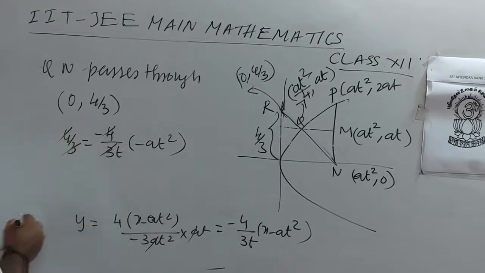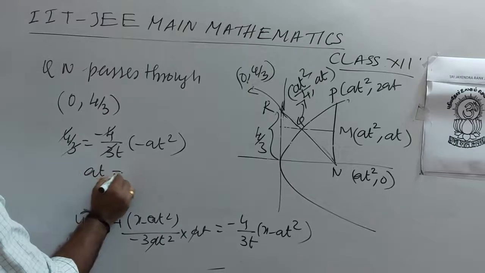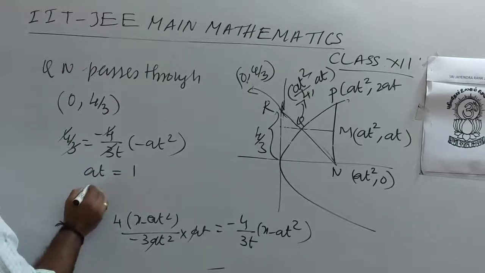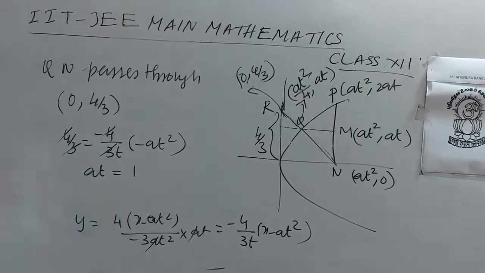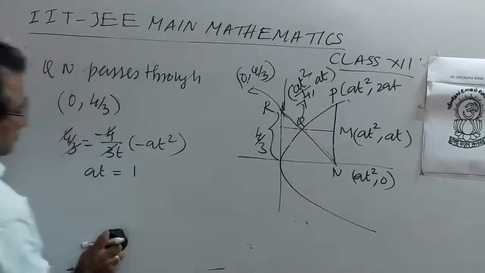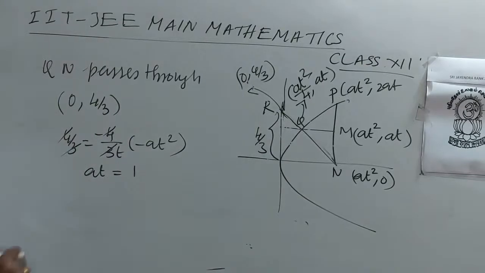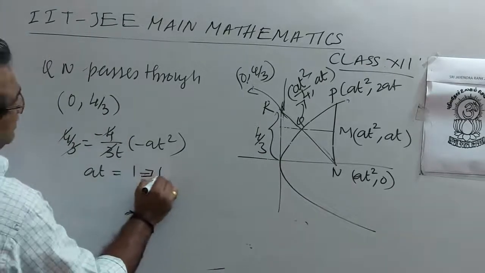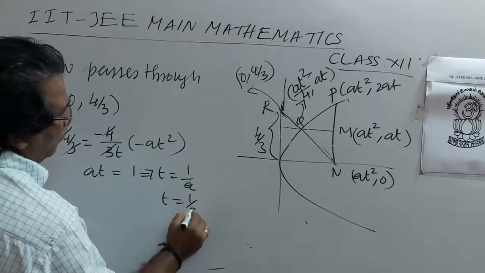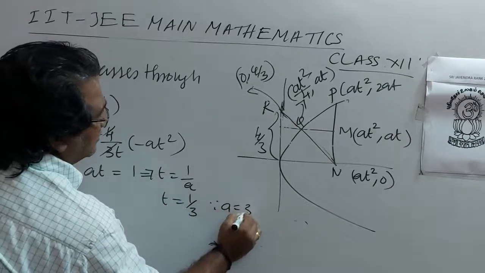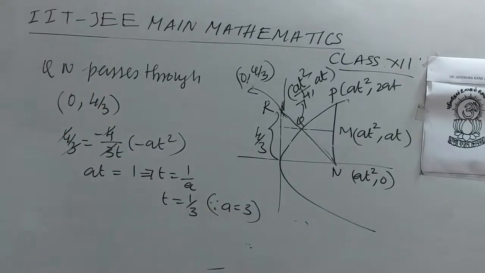This will be cancelled. At equal to 1, which implies t equal to 1 by a, t equal to 1 by 3, since a equal to 3.